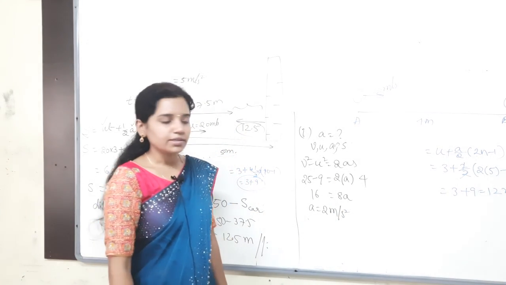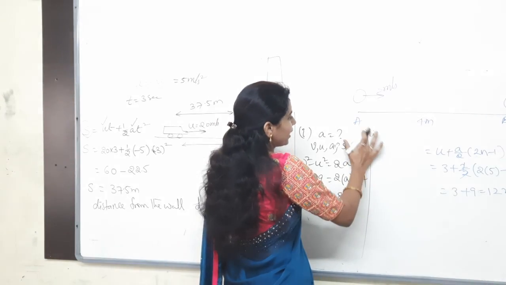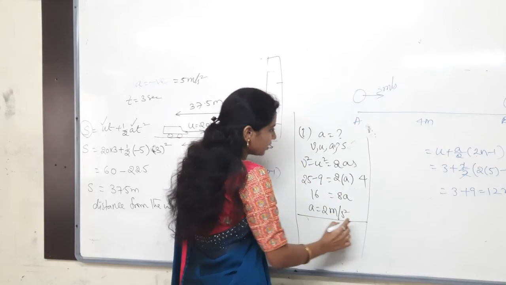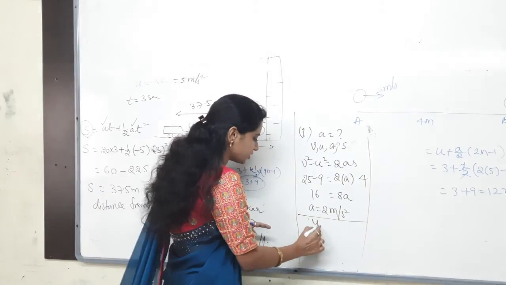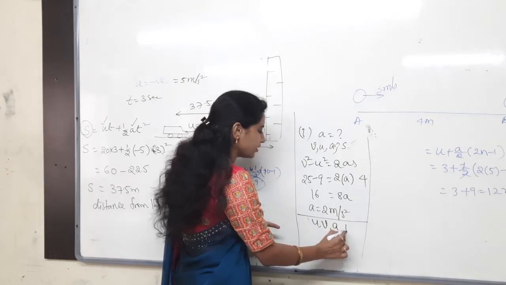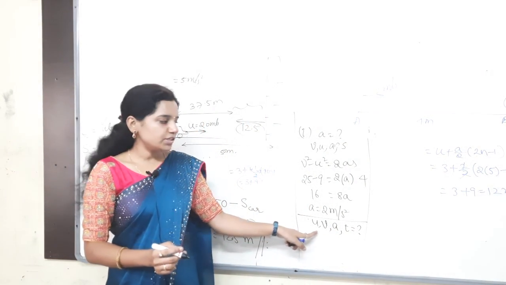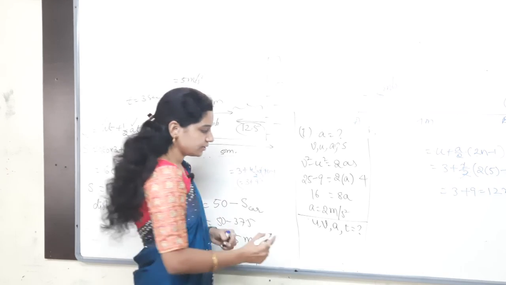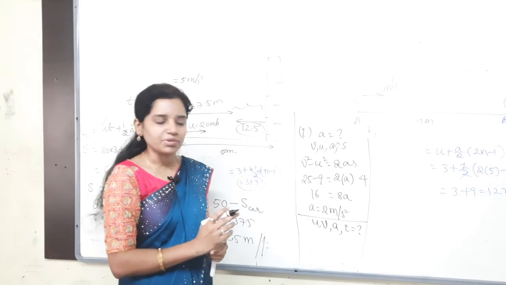Is that correct? Then the next one: they are asking for time. We have the final velocity and the initial velocity; u, v and a are there, and you have to find the time. The relation is v equals u plus at. Otherwise, you can use s equals ut plus half at square, there is no problem in that.